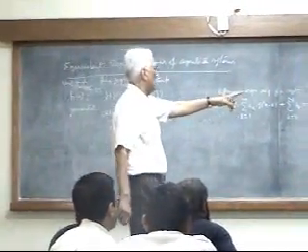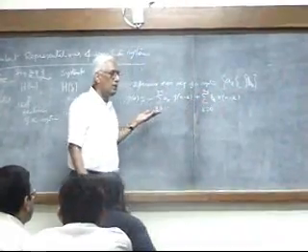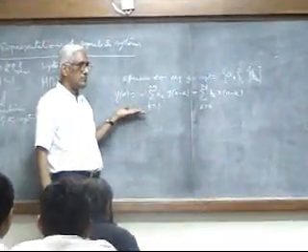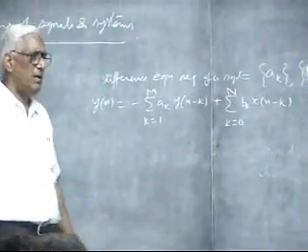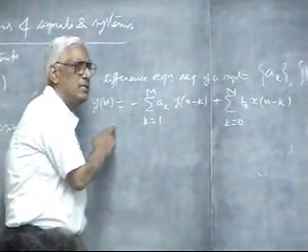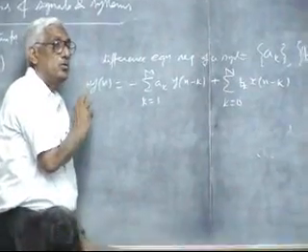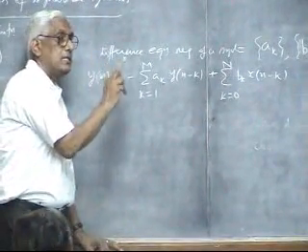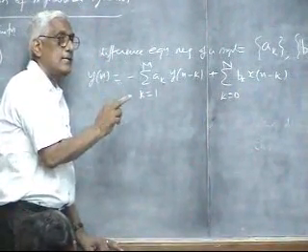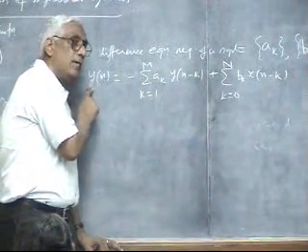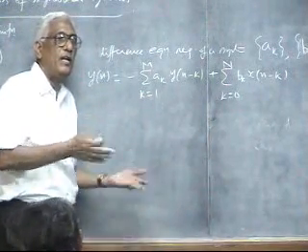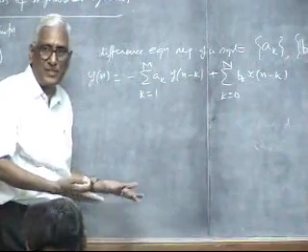This is important to understand. Because it is a linear system, you can show that the system can also be represented as follows. Once I get my output for any input, I have got the system.